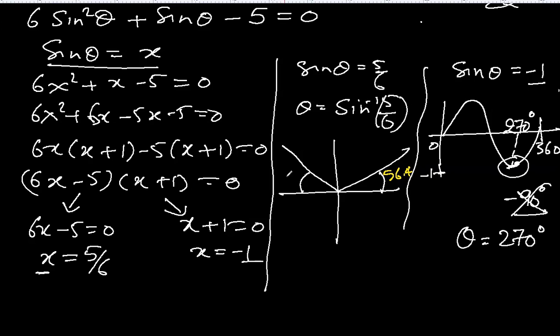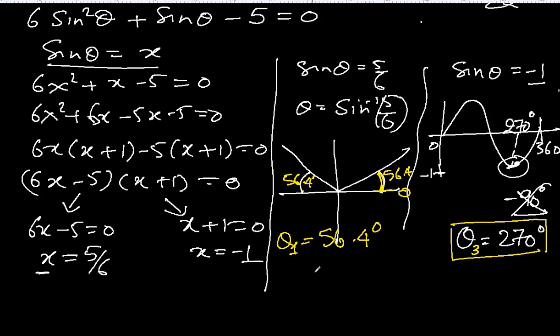The angle I got here was 56.4 degrees. So I will write 56.4 in both the quadrants, and now my answers start here. One answer is already with us: theta equals 270 degrees. Let's call it theta 3. Theta 1 will be from 0, we always count from 0 to this line, which is 56.4 itself.